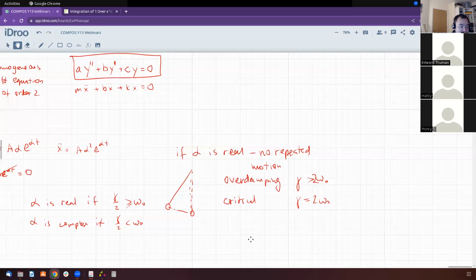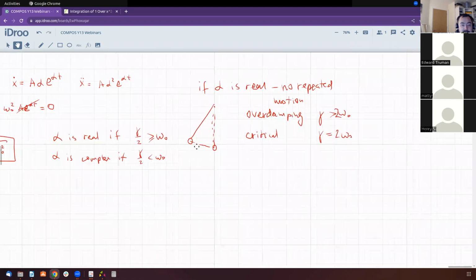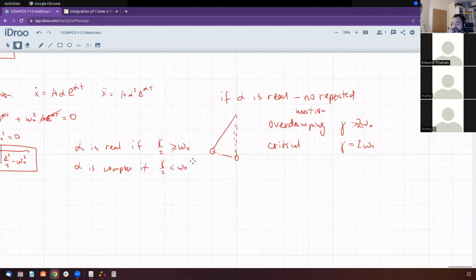Gamma is the coefficient of damping of a system, and when gamma is equal to 2 omega 0, it's critical, no repeated motion. So you can imagine a pendulum in a can of oil. You release it and it just goes slowly back.